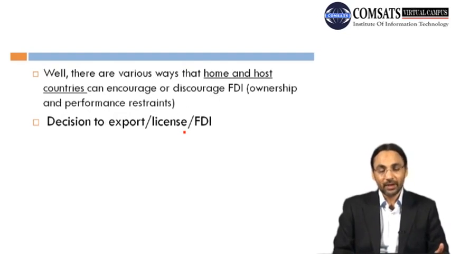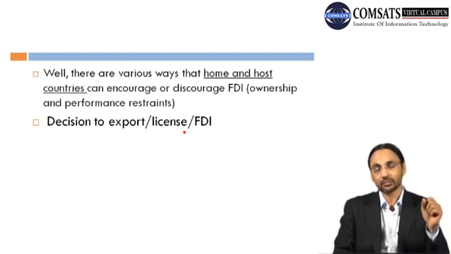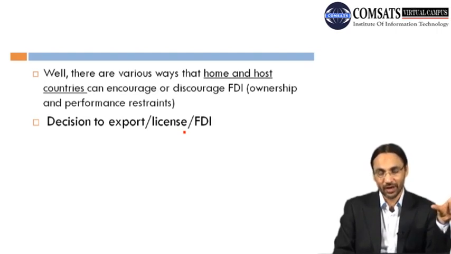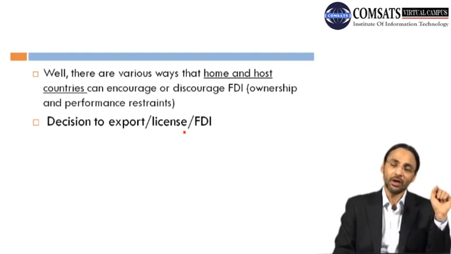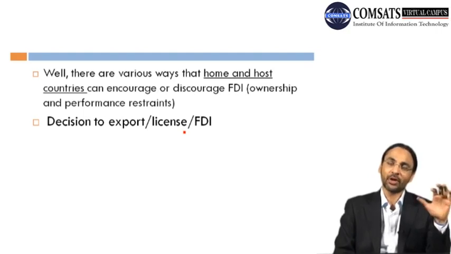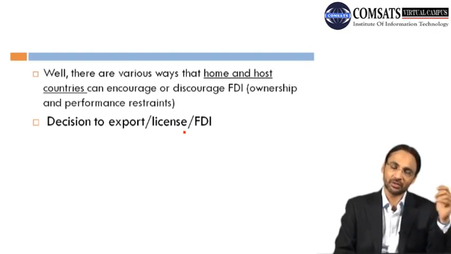Okay, there are various ways that home and host countries can encourage and discourage FDI. Host and home countries encourage and discourage FDI through regulations and policies. If we talk about the home country, it can provide subsidies to motivate and encourage firms to go out.